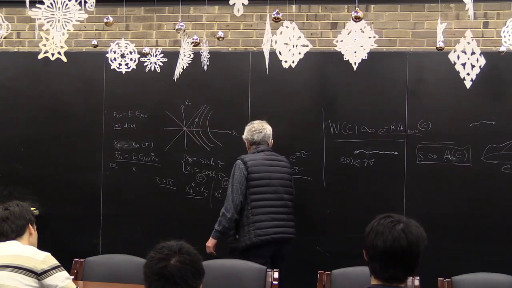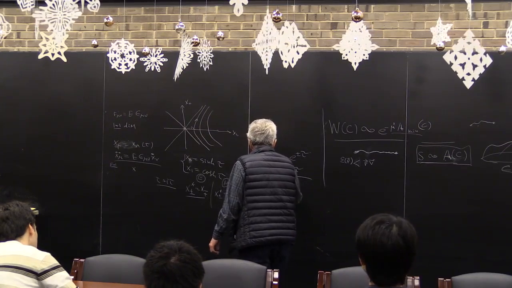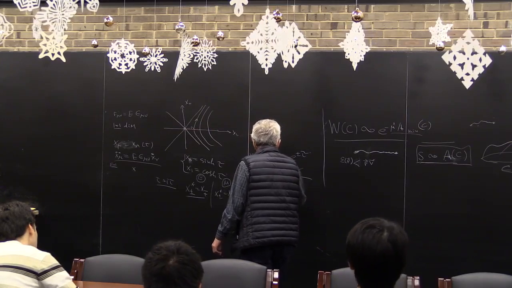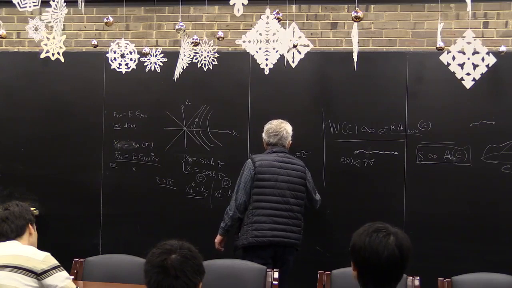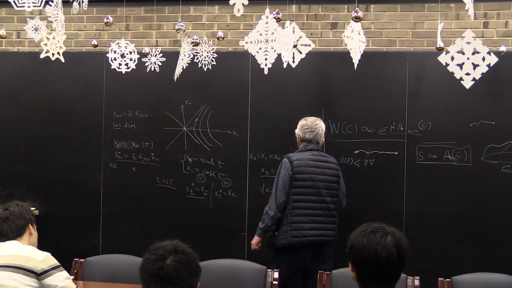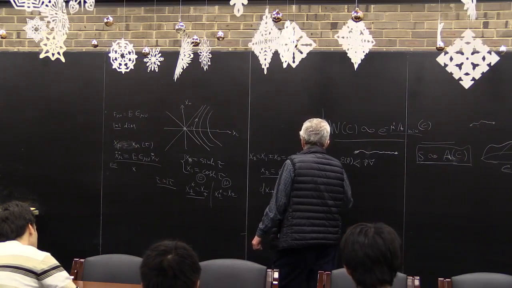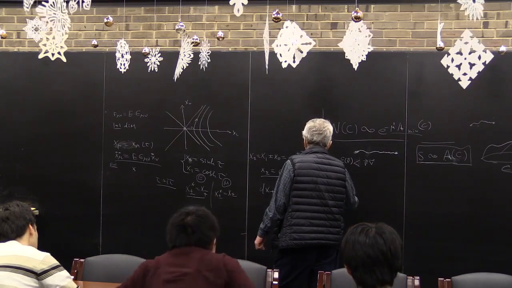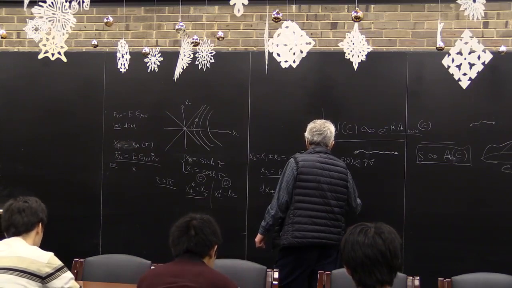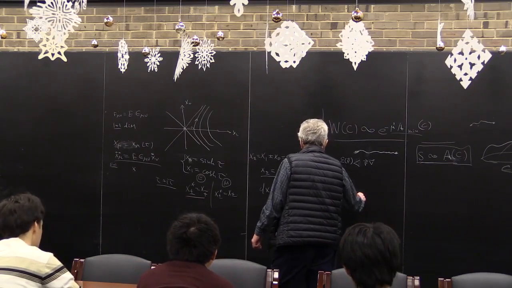Now, if you differentiate this relation, you get d rho e to the plus or minus tau, plus or minus rho e to the plus or minus tau d tau.